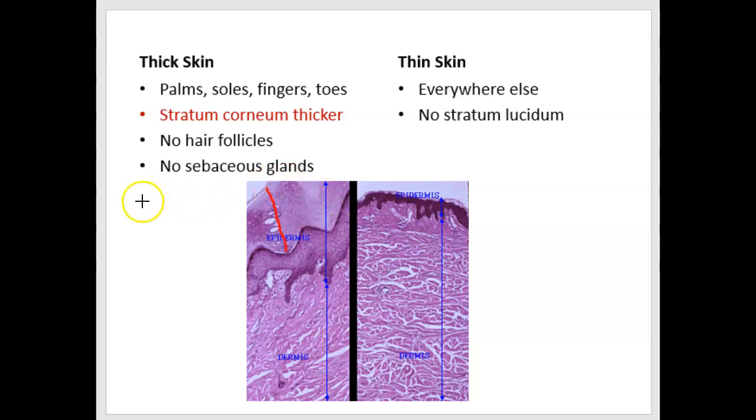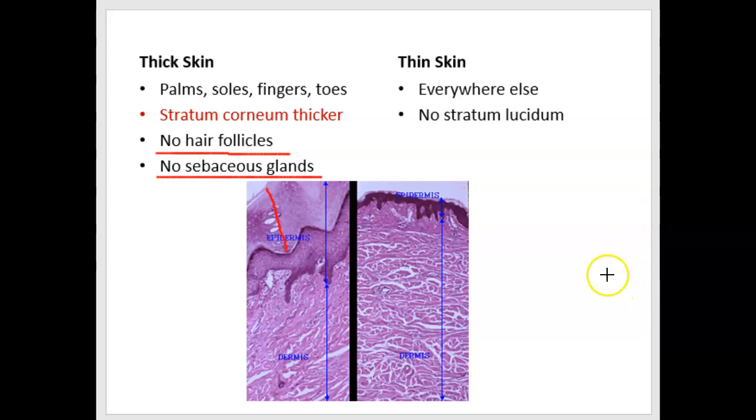In the regions where we have thick skin, there aren't any hair follicles puncturing the epidermis, and there's no sebaceous glands. Now, sebaceous glands secrete sebum, which is an oily substance that provides a water barrier, but it also just moistens your skin.